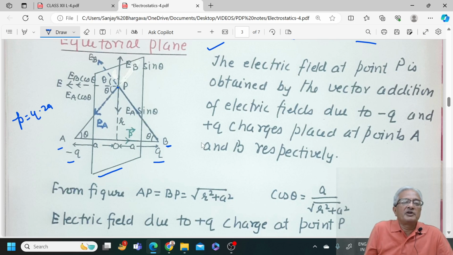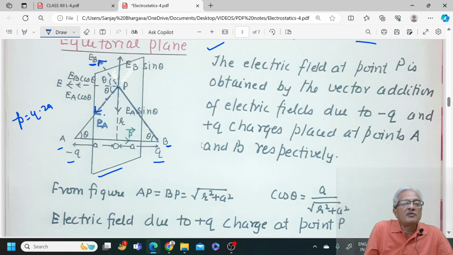There would be an electric field produced due to the negative charge at A, and the direction of the electric field would be towards the negative charge. So this direction is given this way. Similarly, due to the positive charge, the direction of the electric field would be away from the positive charge. So this represents the electric field due to the charge at B. Remember, we can calculate the components of the electric fields.